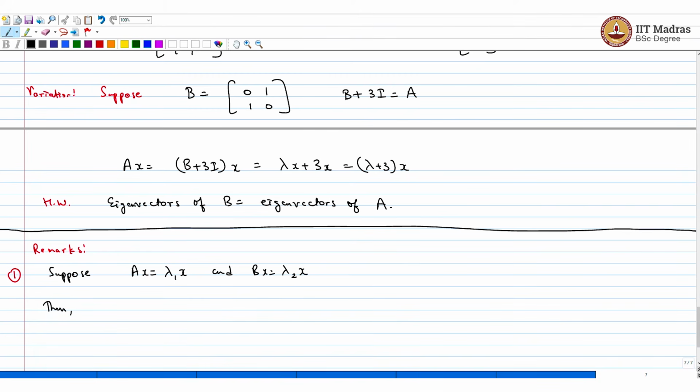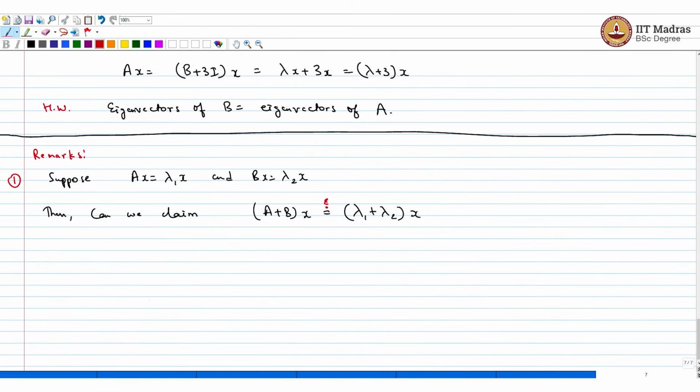Then can we claim (A plus B)x equals (lambda 1 plus lambda 2)x? So, pause and think about this. Can I claim that if A has eigenvalue lambda 1 and B has eigenvalue lambda 2, then A plus B has eigenvalue lambda 1 plus lambda 2 with x as the eigenvector?